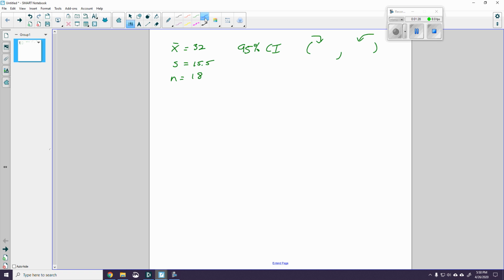So I'm going to start like I like to start, with a picture, and my picture is going to look like a normal curve, although as we'll find out as we go along in this problem, this is a T curve as opposed to a Z curve, but they look about the same, and certainly when I draw them, they look equally crummy.